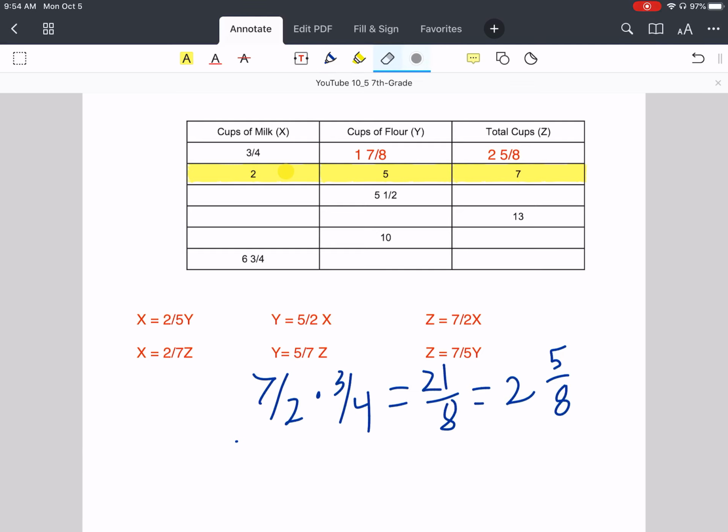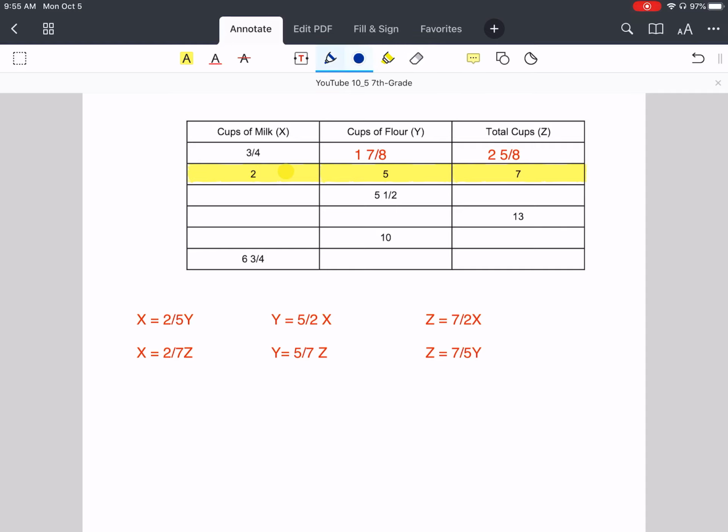Okay, moving on to row 3. This time it gives us the y value, and we need to find the x and the z value. So the two equations that we are going to use are right here and right here. This is for row 3. And we know that y is equal to 5.5, or we can write that as 11 over 2.